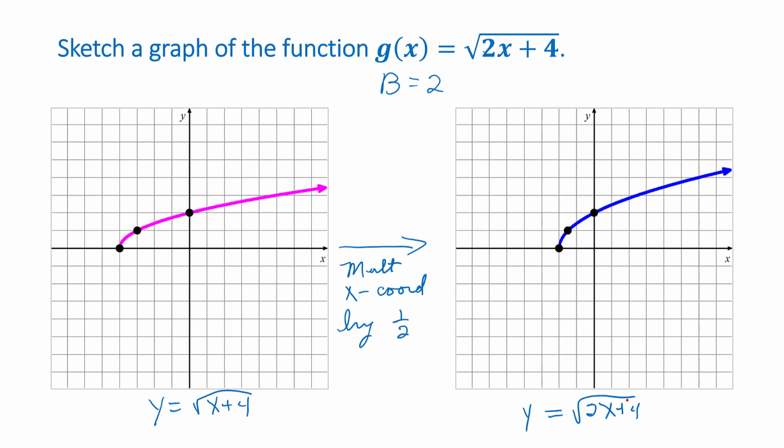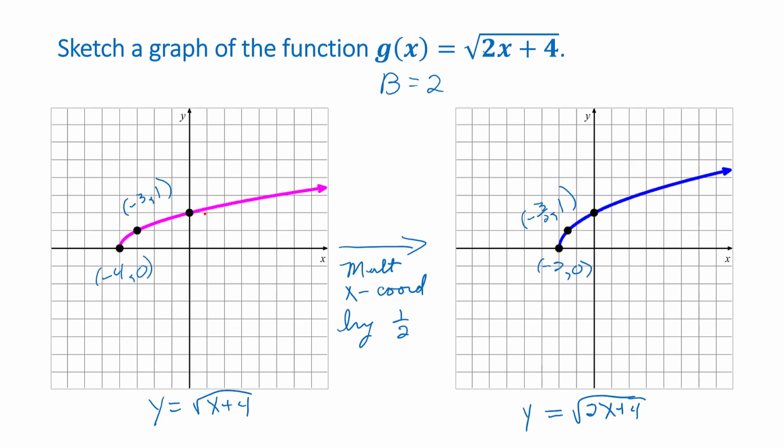But let's just check a couple points here to make sure we did this right. So the point negative 4, 0, we multiplied that x-coordinate of negative 4 by 1/2, which would give us negative 2, 0. That looks right. And negative 3, 1, we multiplied negative 3 by 1/2 to give us negative 3/2, 1.